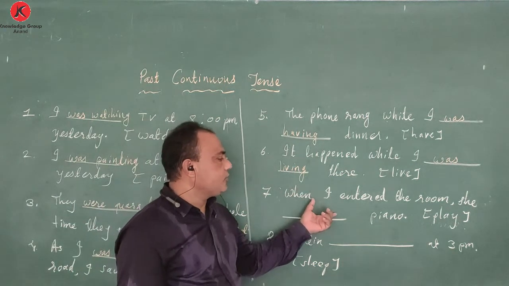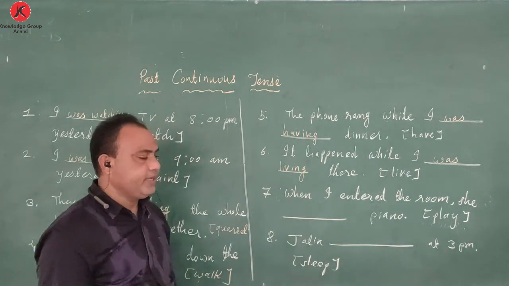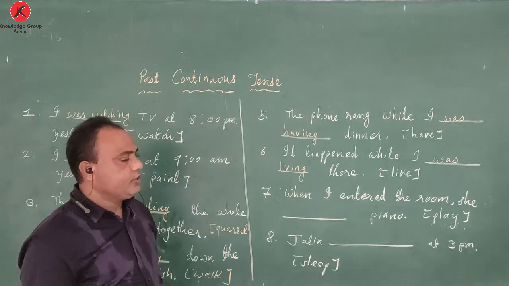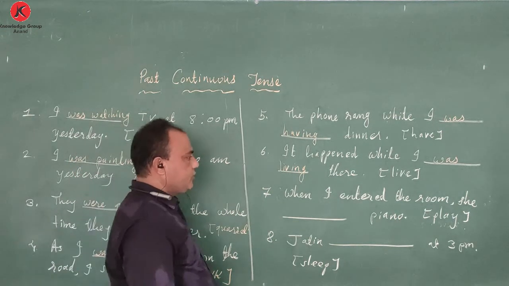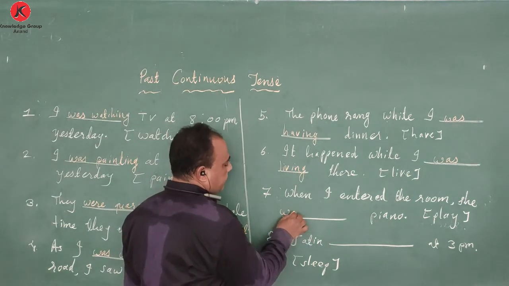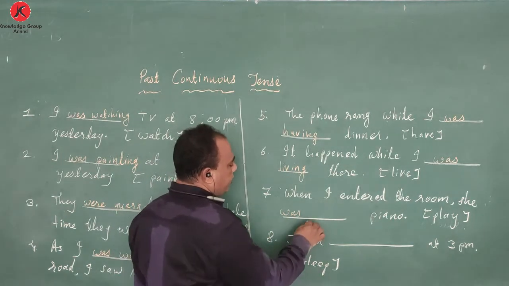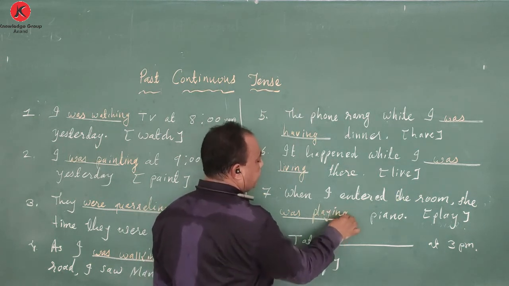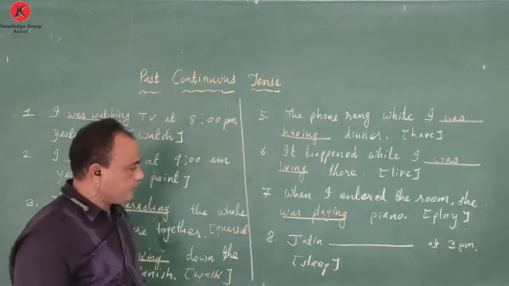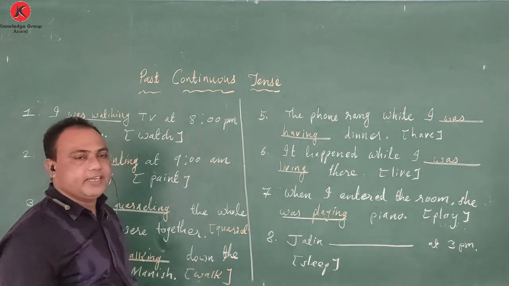When I entered the room, she dash piano. She was playing piano, and the situation is already given. So she goes with was. She was playing, verb plus ing. She was playing piano.